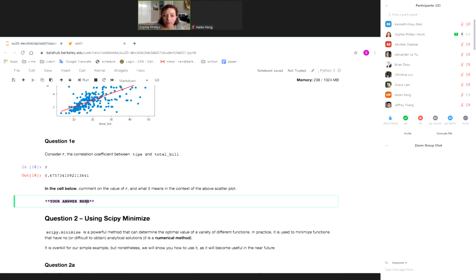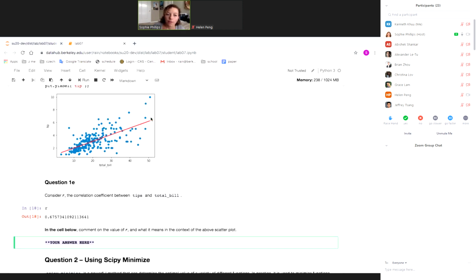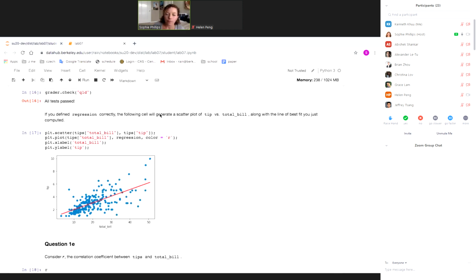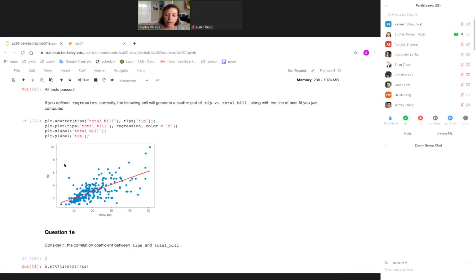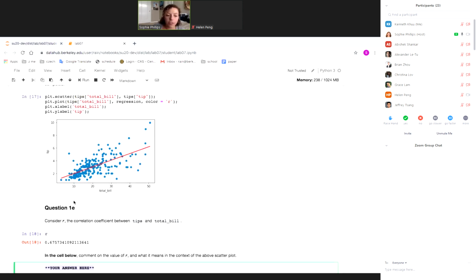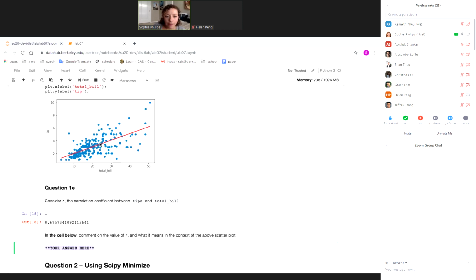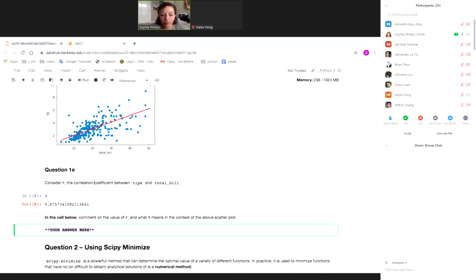I'd say 0.67 is pretty highly correlated, and we can see that in the positive slope, which is proportional to the correlation coefficient. All comments are valid here.